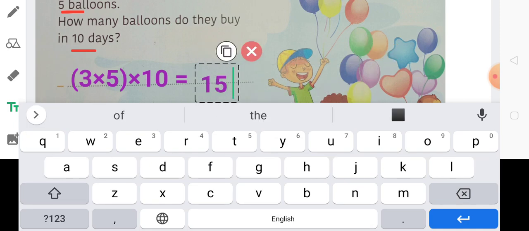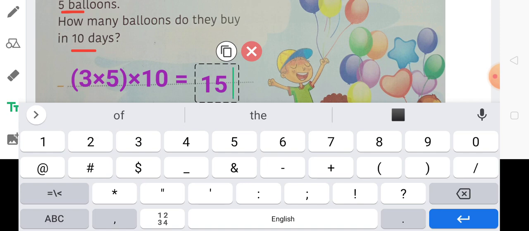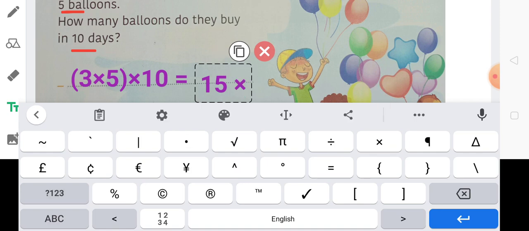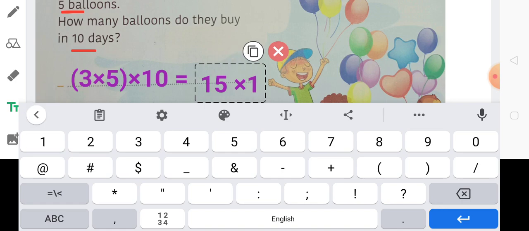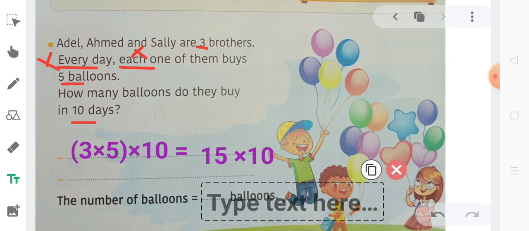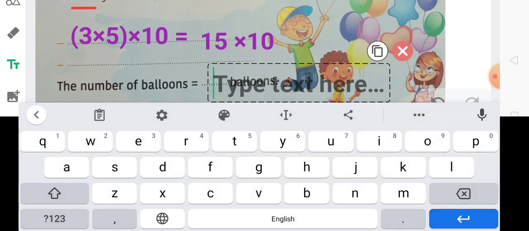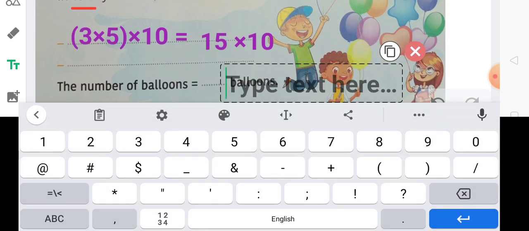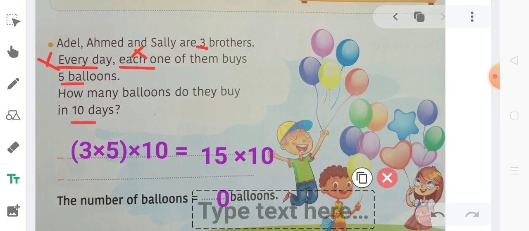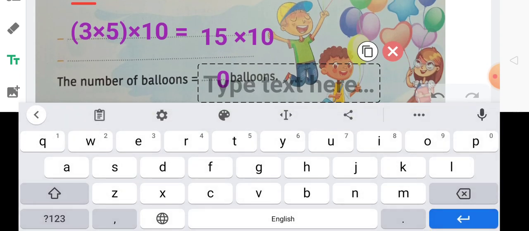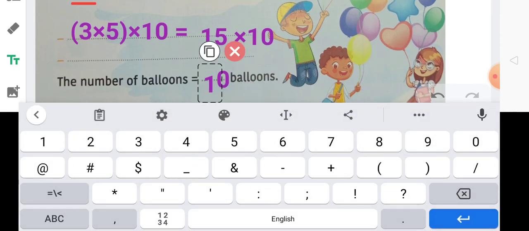Don't forget the number outside the parentheses. 15 times 10. Who can answer? Okay, I get the answer. 0 on the right-hand side, and 15 by 1. I've got the same number, 15.